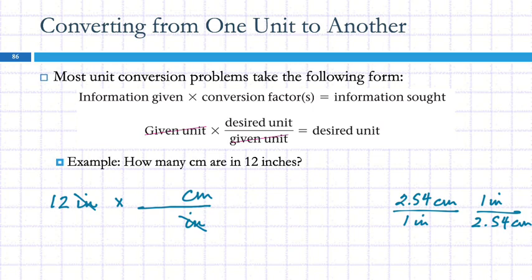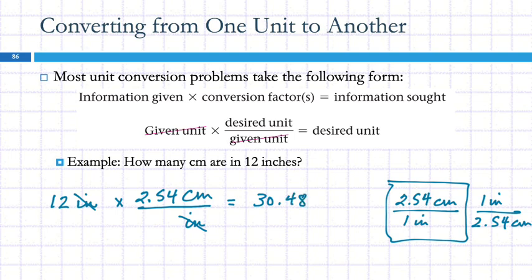I'm analyzing the dimensions, the units. I want inches to cancel out, and I want to be left with centimeters. So that tells me I'm using this version of that conversion factor. So 12 times 2.54. Calculator says 30.48 centimeters.